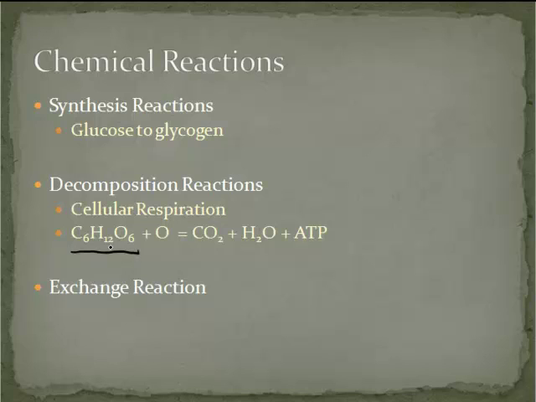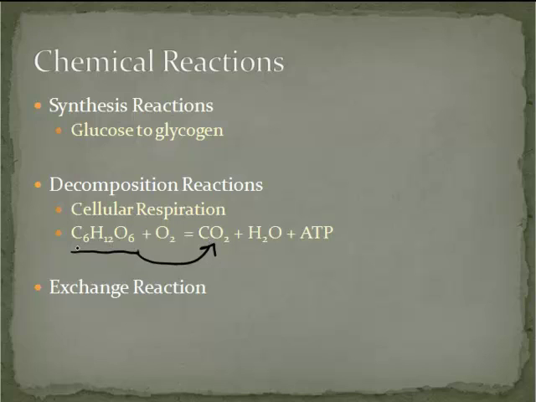And then we have oxygen. And it looks like I forgot the O2. Let me fix that. Okay, there we have our O2. So we take glucose and we take oxygen, and the glucose in this reaction is being broken down to CO2. Decomposition, think about something decomposing, it's breaking down.